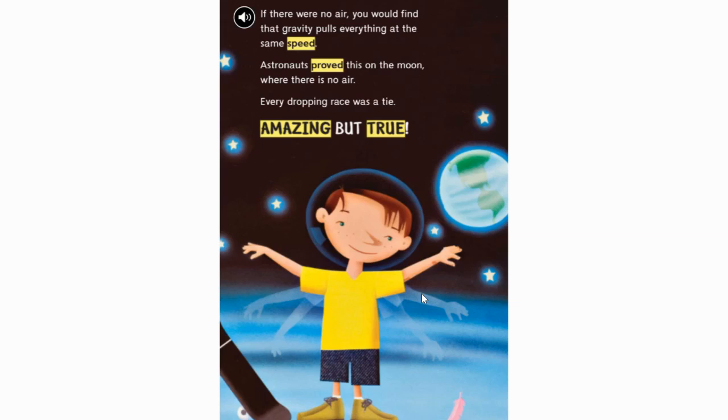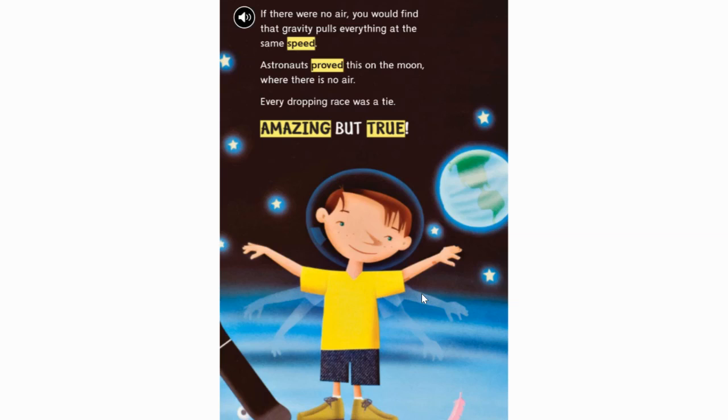Okay, so on the previous page, when they were talking about the dropping races, they said that sometimes feathers or tissues get caught up in the air and they fall slower than other objects. So the author is telling us that on the moon, where there's no air, everything falls at the same speed.